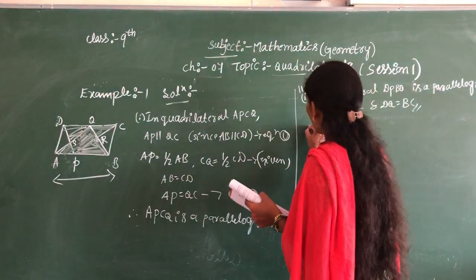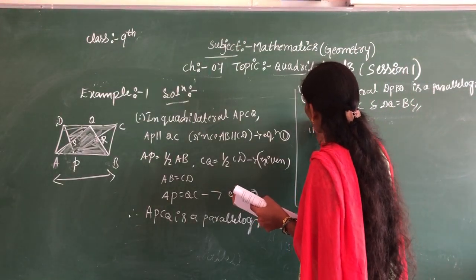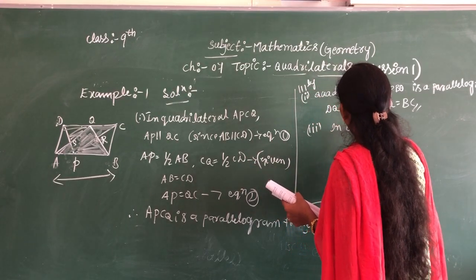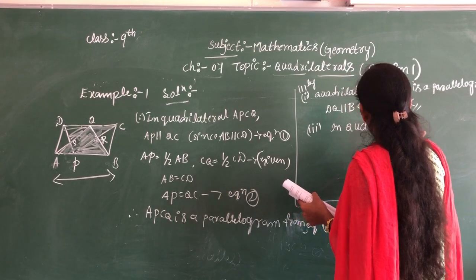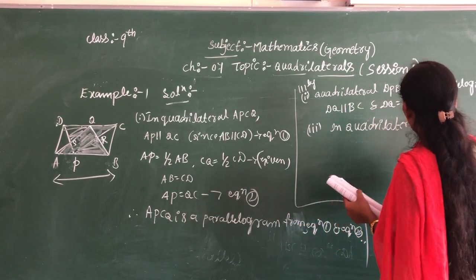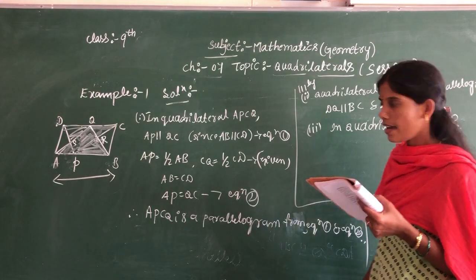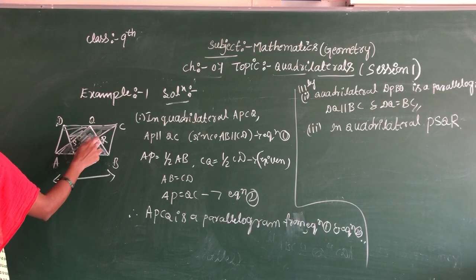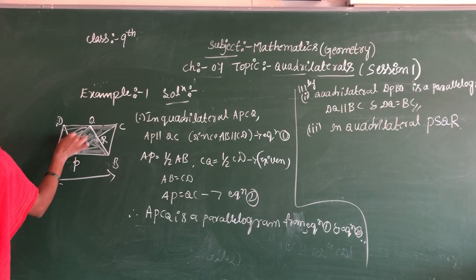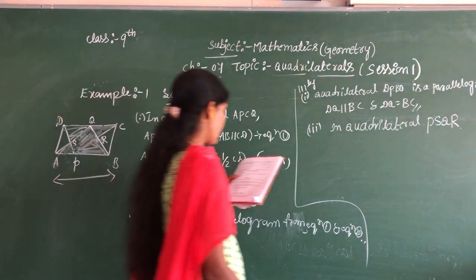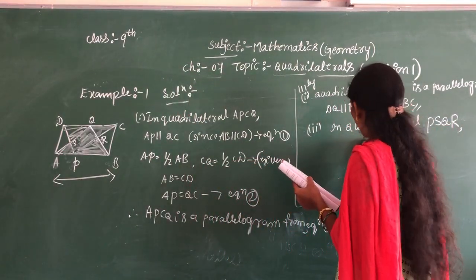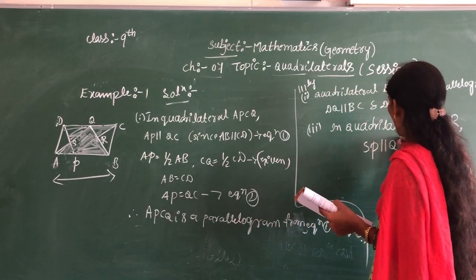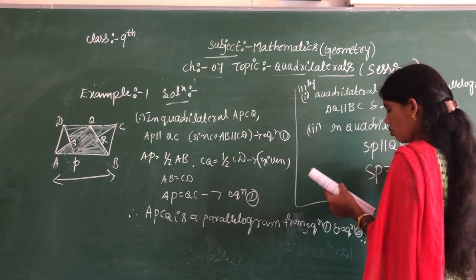In the third one, in quadrilateral PSQR, one of the quadrilaterals, you should compare that SP is parallel to QR, and SP is equal to QR.